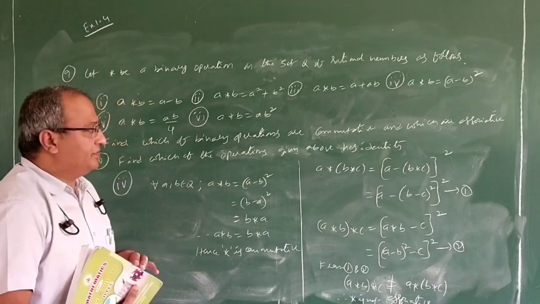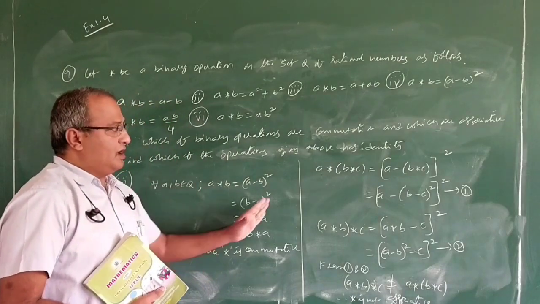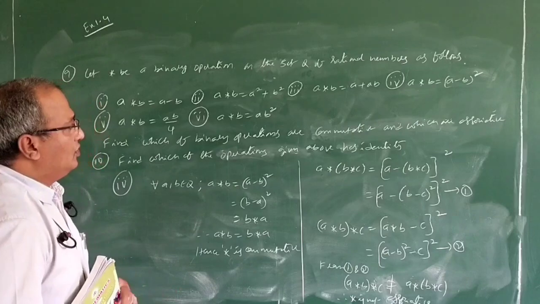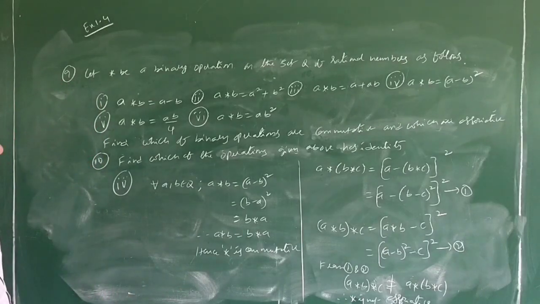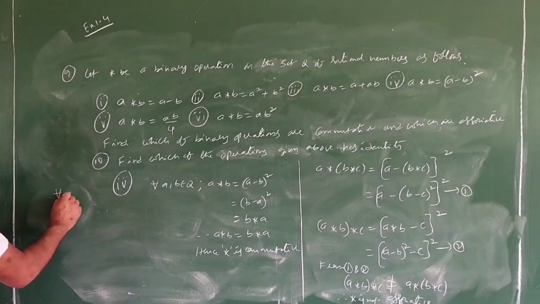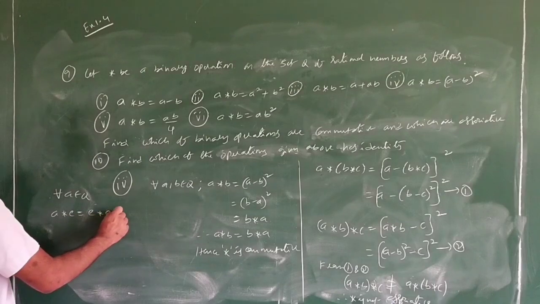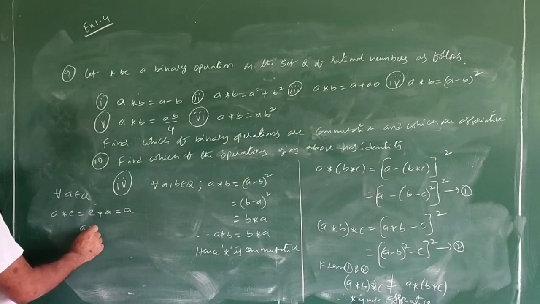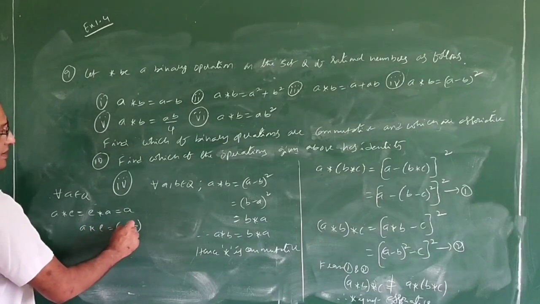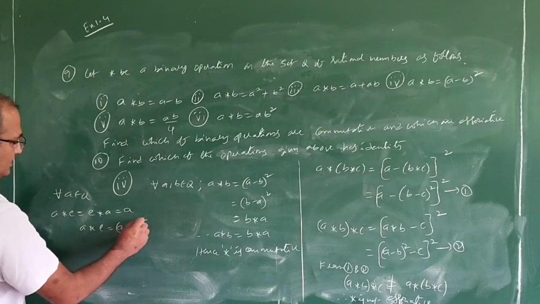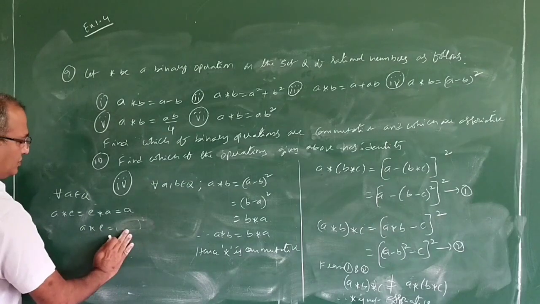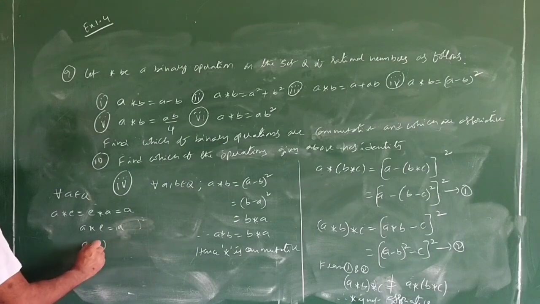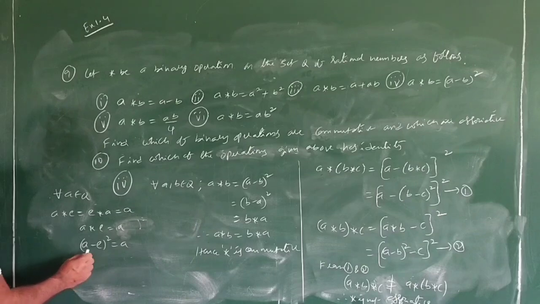See here, star is neither commutative nor associative. Now, to come to the identity. To prove identity, A star E, E star A is equal to A for all A belongs to Q. Then E is said to be identity. So, A star E is equal to what? A minus E whole square is equal to A. Now, we will not get any element.